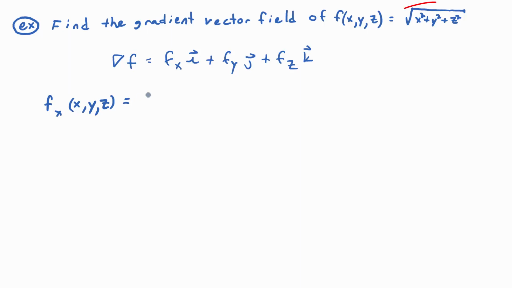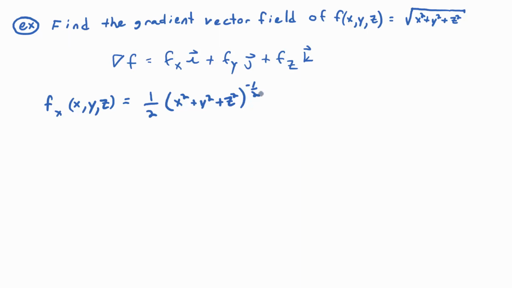So you could think of this function, you guys, as x squared plus y squared plus z squared to the 1/2. So what would that be? It'd be 1/2 times the quantity x squared plus y squared plus z squared to what exponent? Negative 1/2, right?